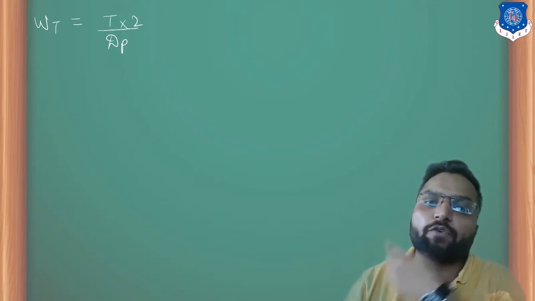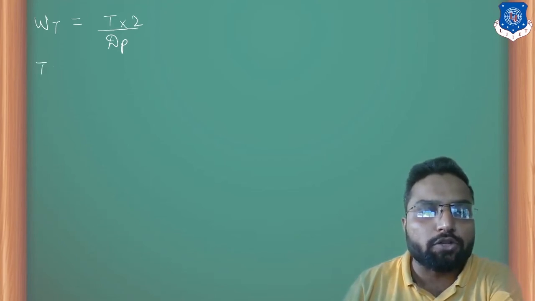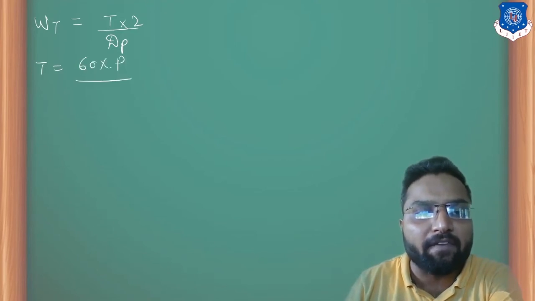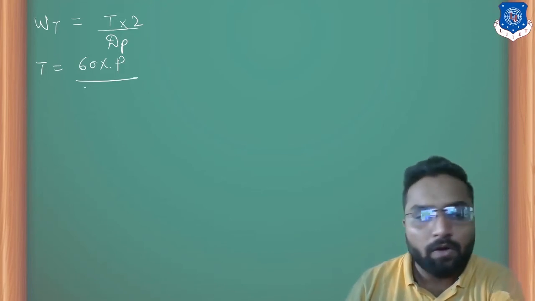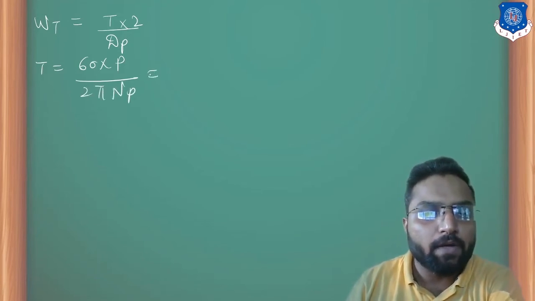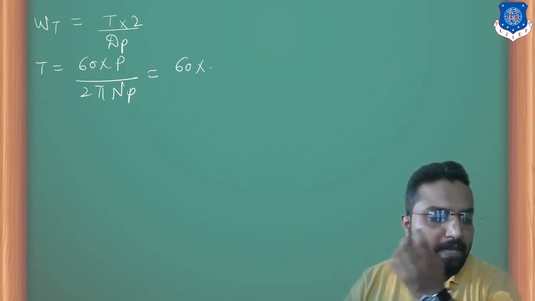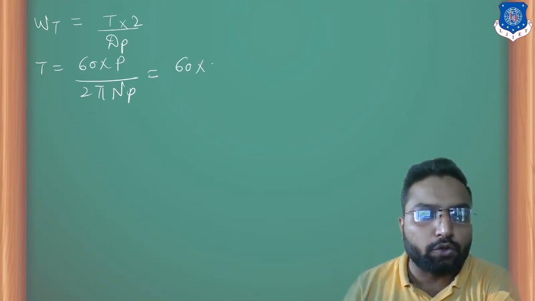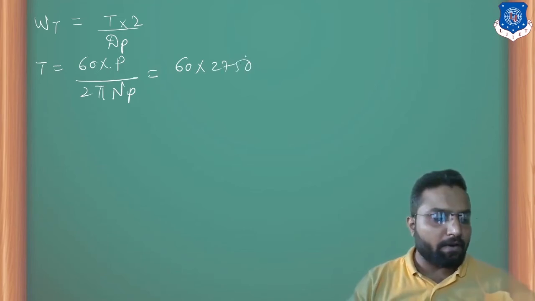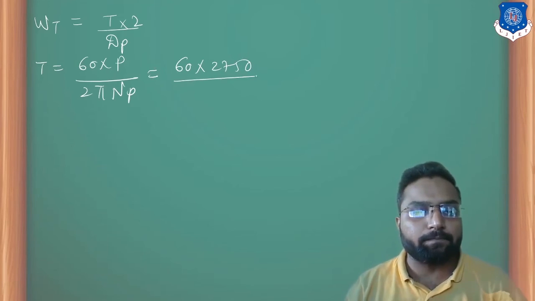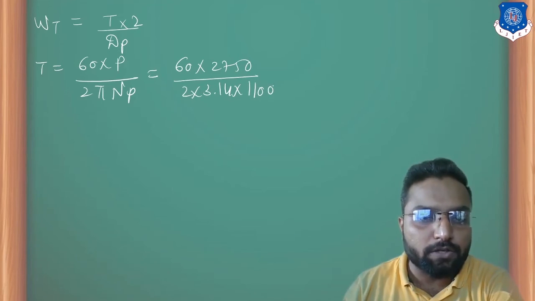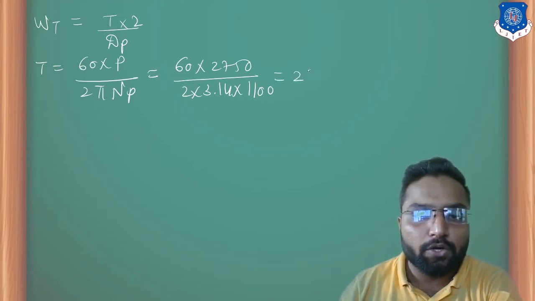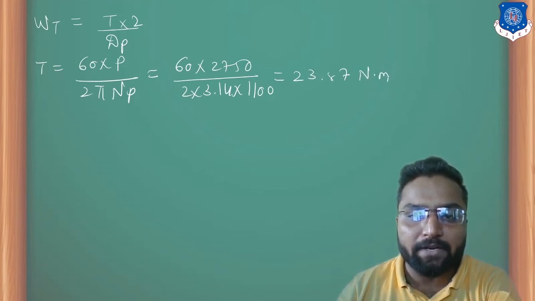First of all we have to find the torque. Torque is nothing but 60 into P divided by 2 pi np, where 60 into p is our 2750, which is given, divided by 2 into 3.14 into 1100, which is ultimately equal to 23.87 Newton meter.